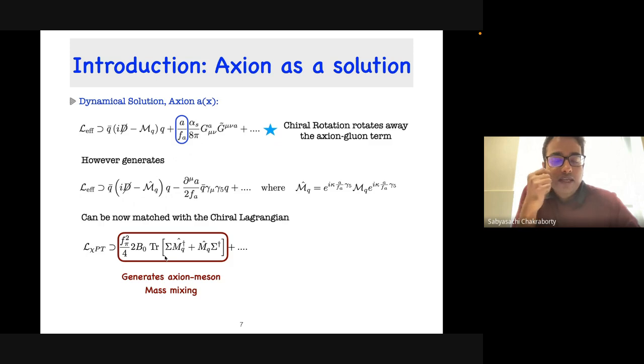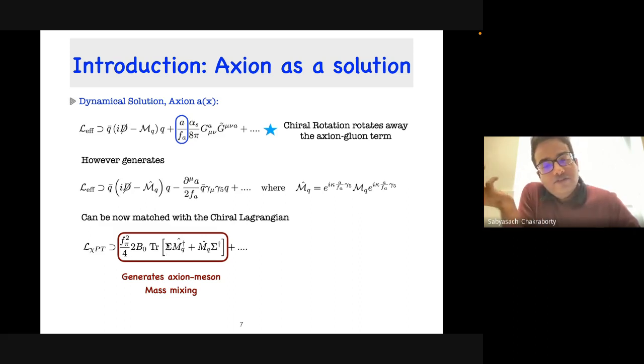The most important term in this context is in fact an isospin-breaking term, where this M_Q hat is the same as the curly M, sorry for the difference in notation, and it contains the axions, and the sigma are the meson matrices. For example, sigma would be exponential of i pi^a t^a, where pi^a would be the pion fields if you consider only a two-flavor scenario.